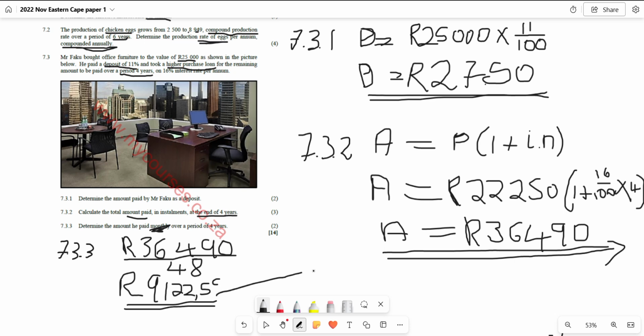This is going to amount to 36,640 and 90 rand at the end of the 4-year period. That is about this question paper. Total mark here will be 14.